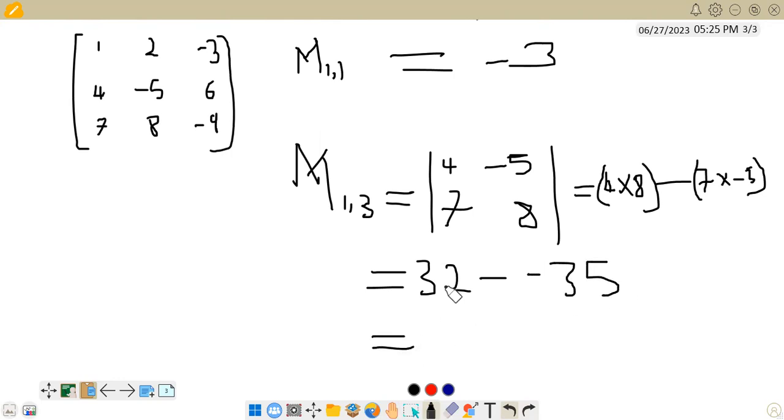A minus and a minus form a positive, so 32 plus 35 will be 67.